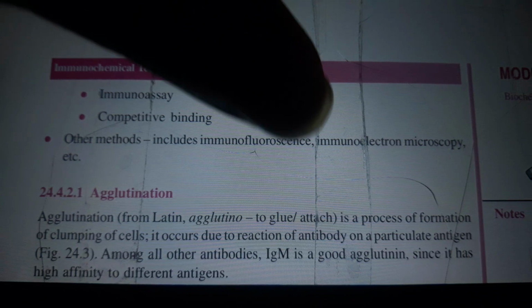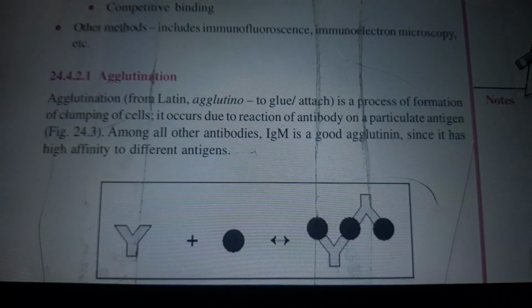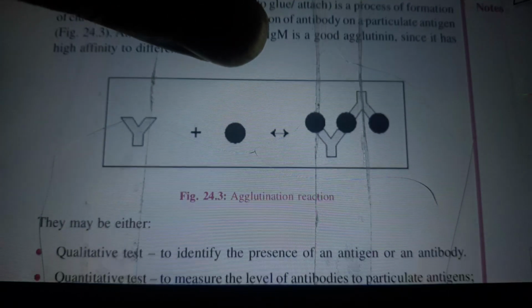Label methods, where the antigen or antibody is labeled and through the label concentration the antigen-antibody reaction is observed. This includes immunoassay, competitive binding. Other methods include immunofluorescence, immunoelectron microscopy, etc.